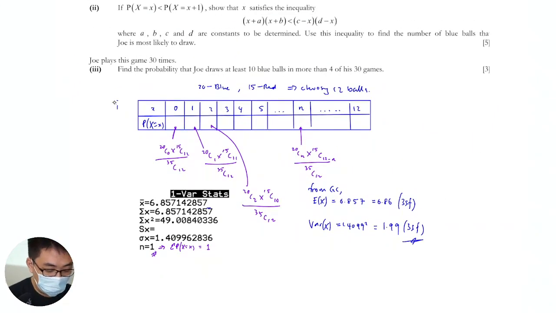This is more of calculator work than an out-of-the-way question, so just take note of that.